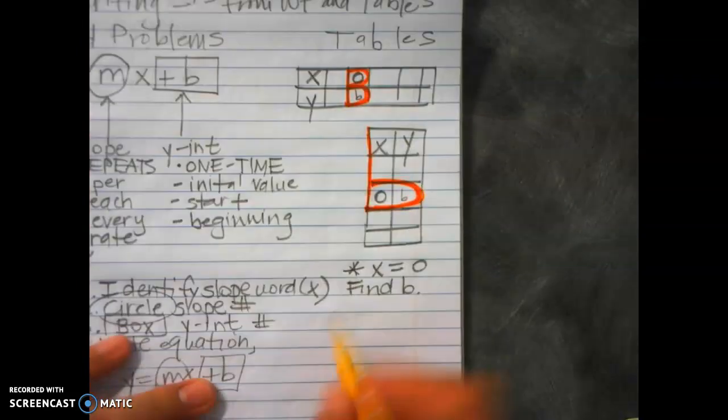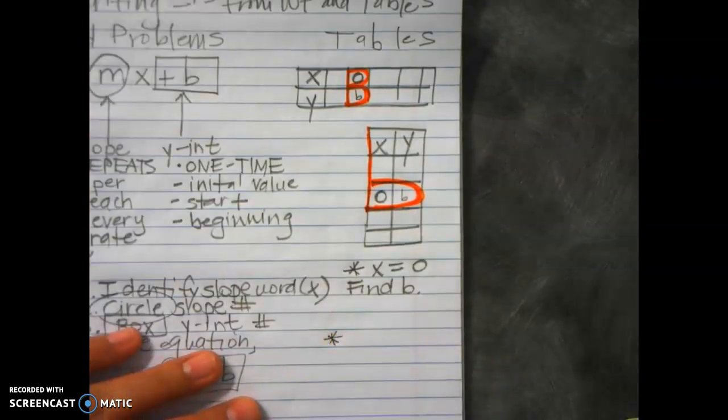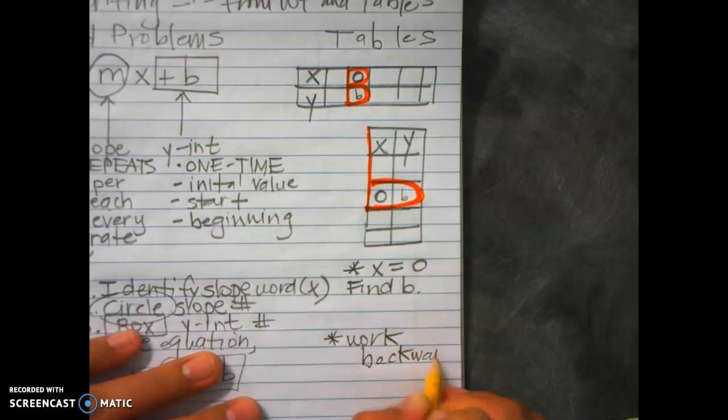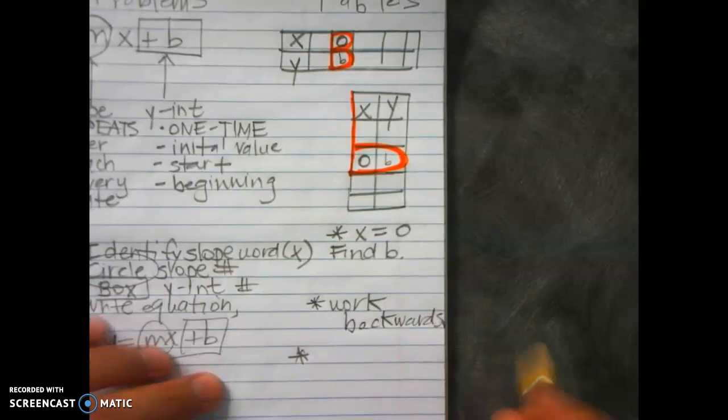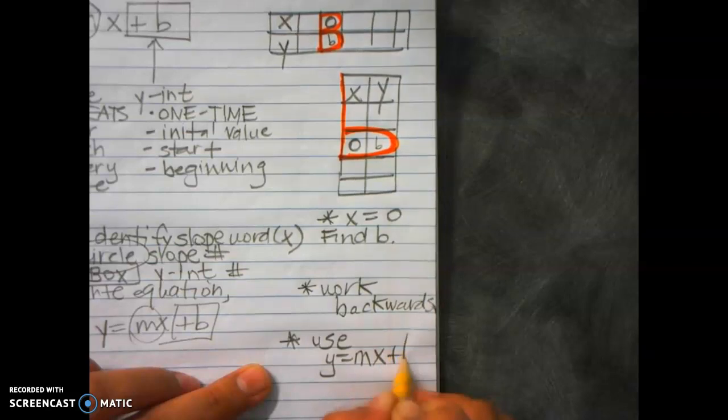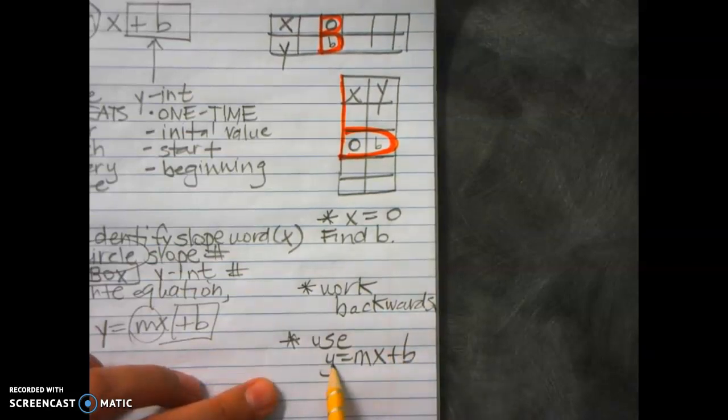If you cannot find the b on there, you're going to work backwards using your table, or you're going to solve it algebraically using y equals mx plus b, because we're going to have a y from the table. We're going to already have worked out our slope. We're going to have an x from the table, so the only letter we would be solving for is the b.